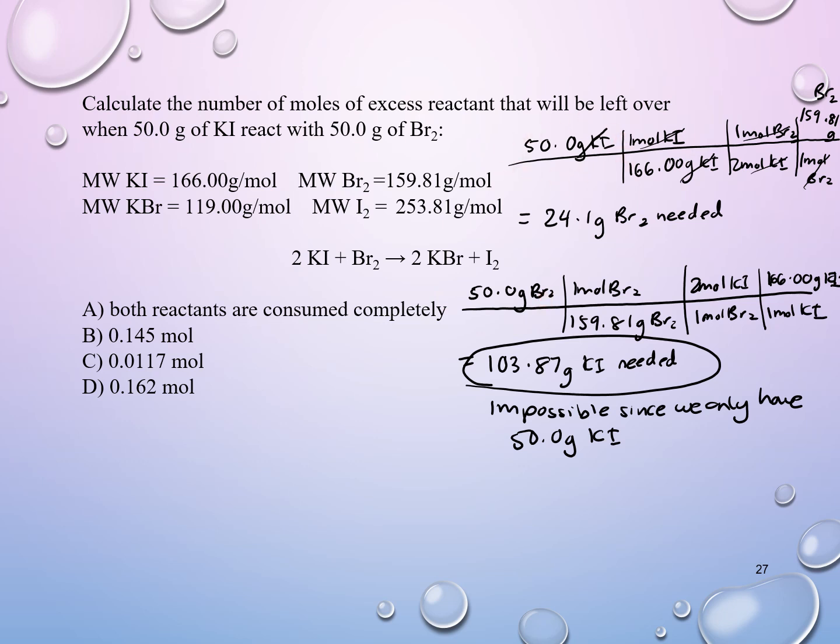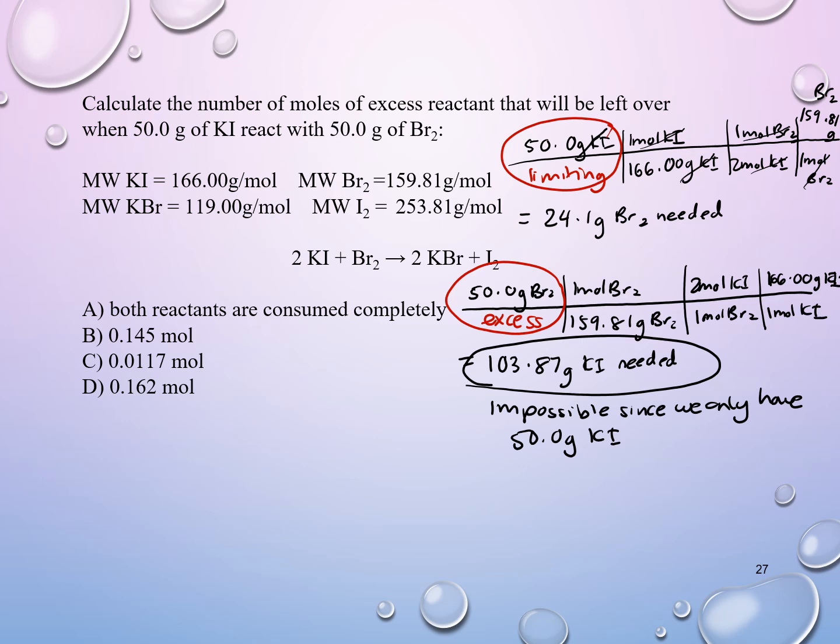Okay, so KI is limiting. Let's write it down. So this one is my limiting, and then Br2 is my excess. In fact, we already know how much Br2 is used up. Okay, so let's write that down.